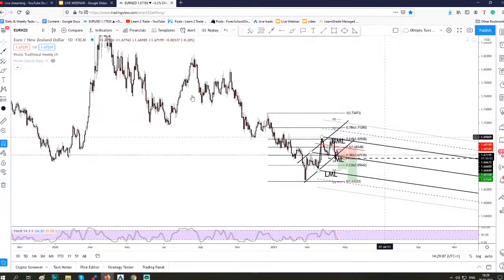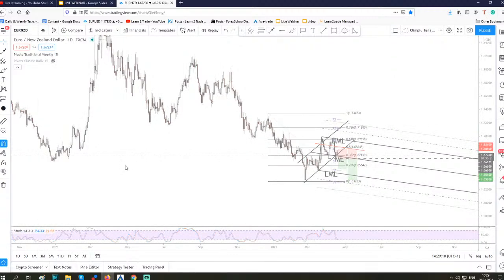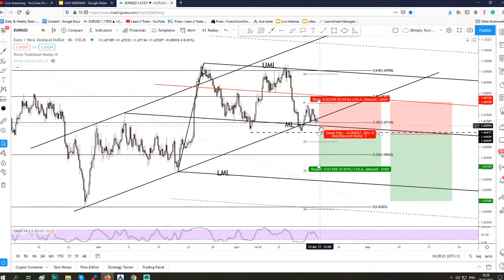It could register a valid breakdown from the up channel. The up channel is seen as a continuation pattern. It could also drop right below the medium line of the descending pitchfork, and here we have also a potential double top, a reversal pattern as well.